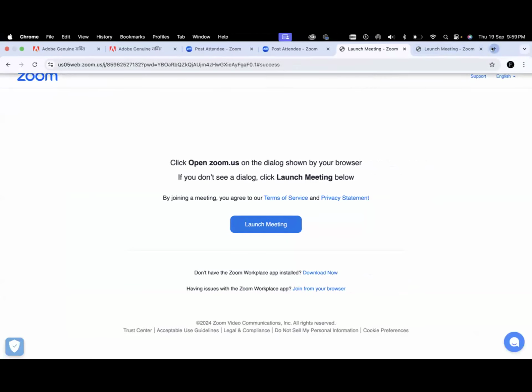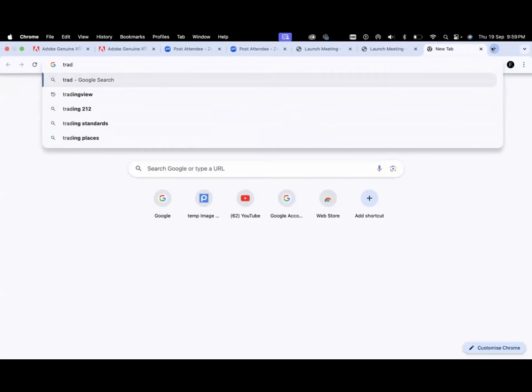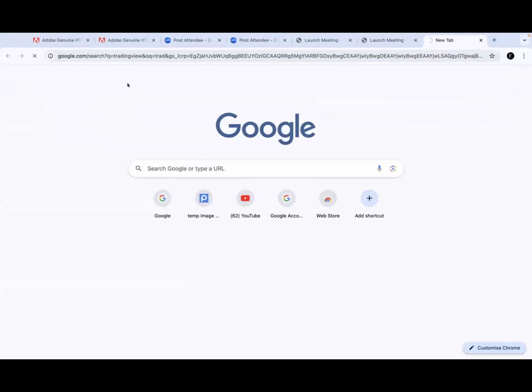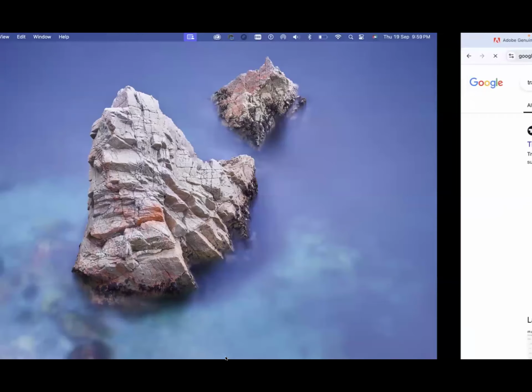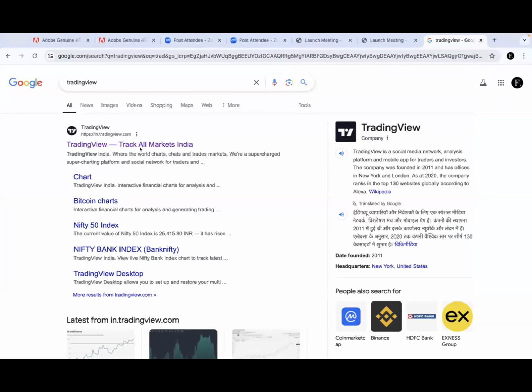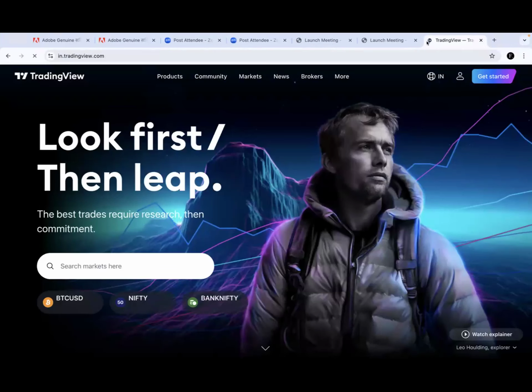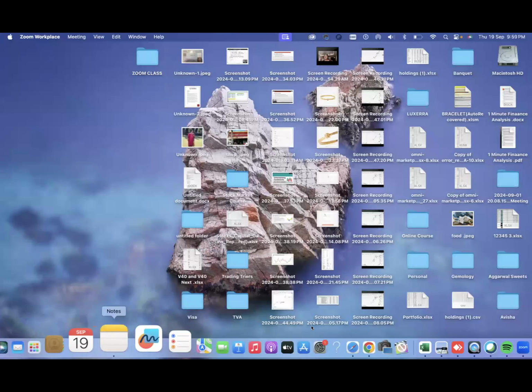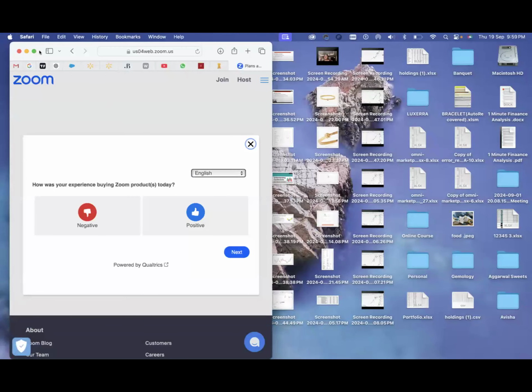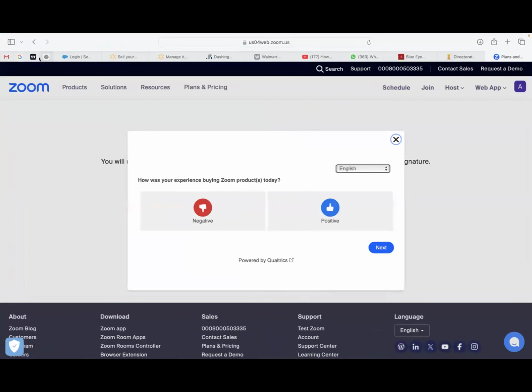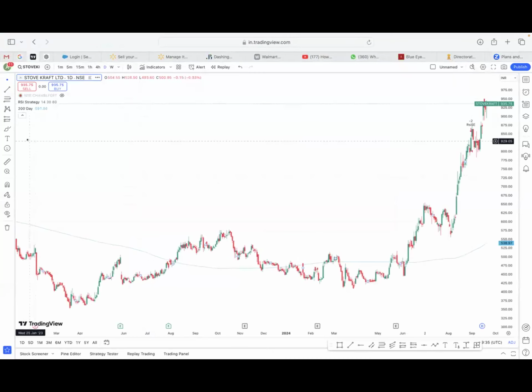So here you can just type in TradingView. So here you can see the full screen. Are you able to see the screen properly now?